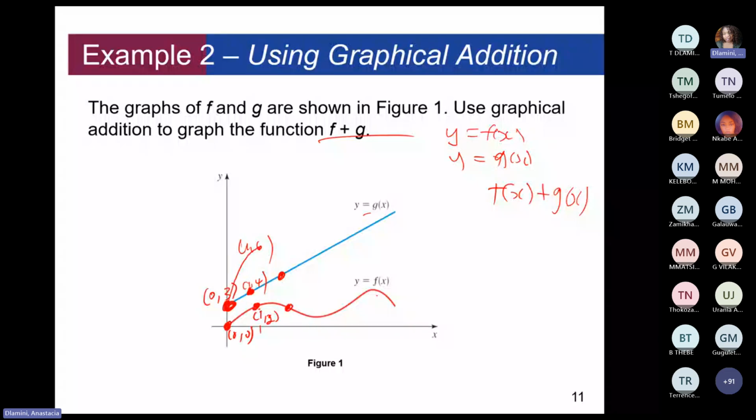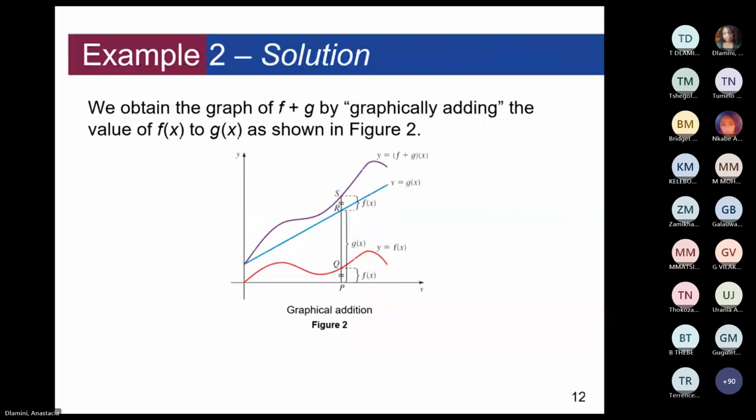So you just add the y values, but use the same x value. Then you get the new graph and you draw it. That's what they're saying. Yes, I now understand. Thank you. And that's what they did. Do you see that?